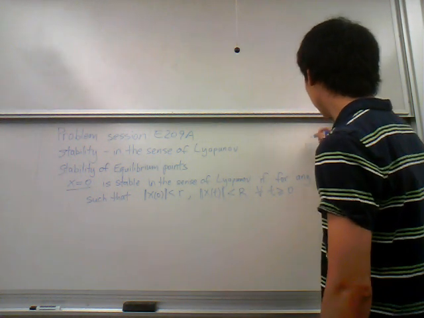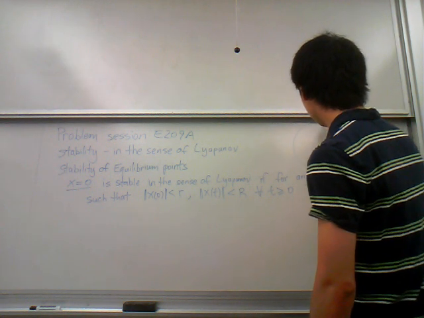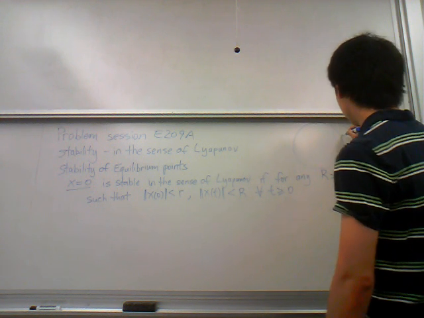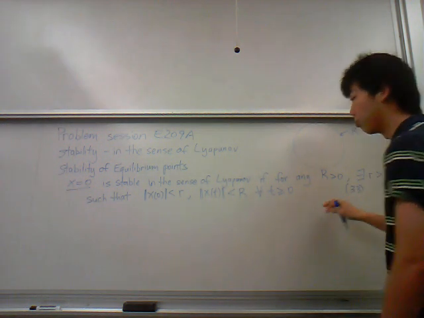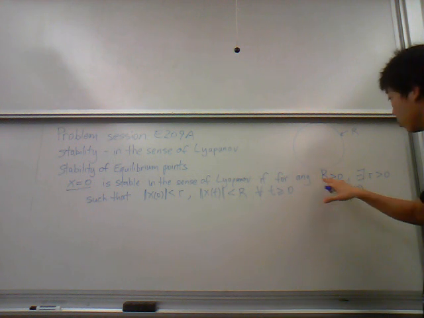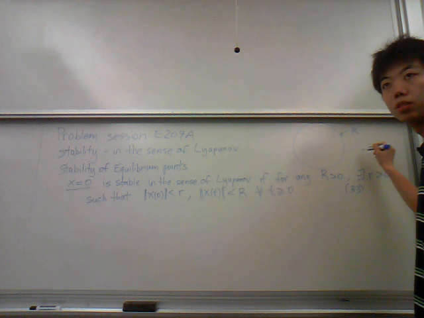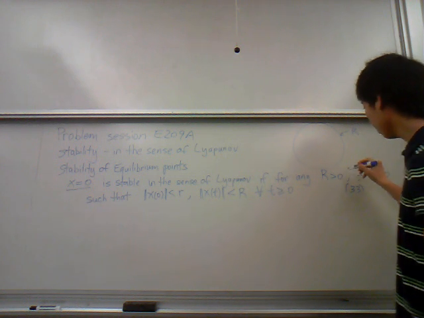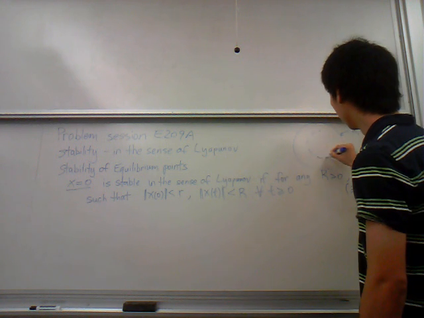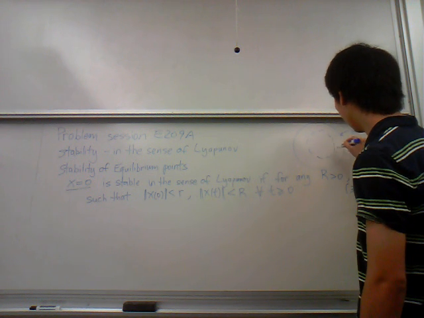So if we draw a picture, that's kind of what we did in class. Let's say we have some R. If we move this into 3 dimensions or more, then this becomes some ball, right? And let's say there's a smaller r.